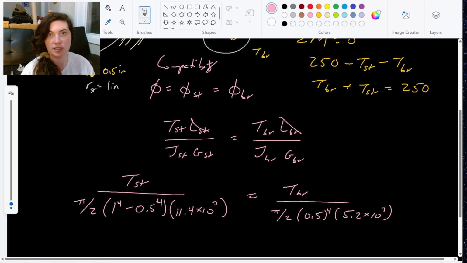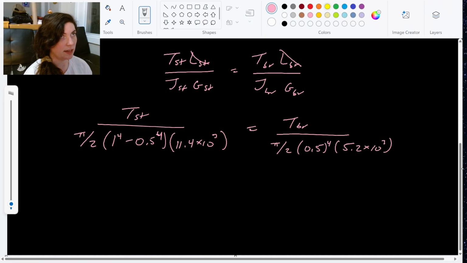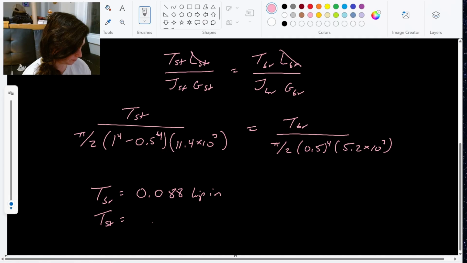I can solve those out on my calculator, and I will spare you the details. Our torque for the brass is 0.088 kip inches.